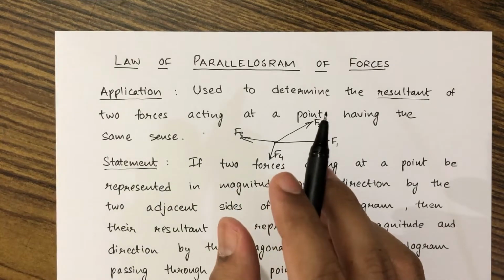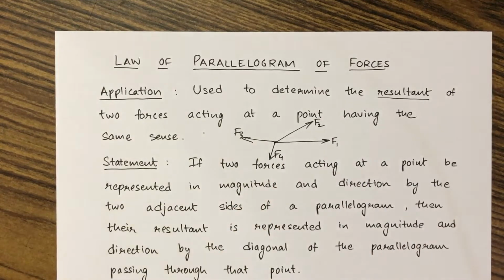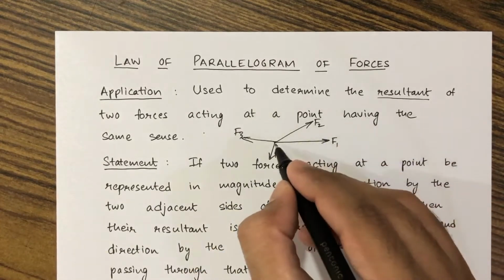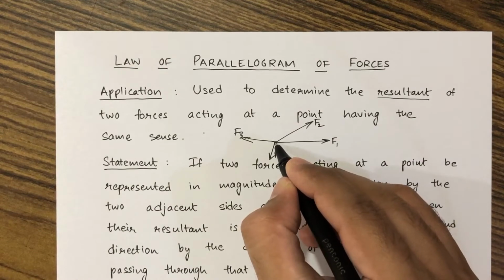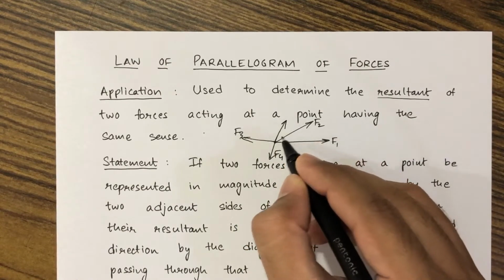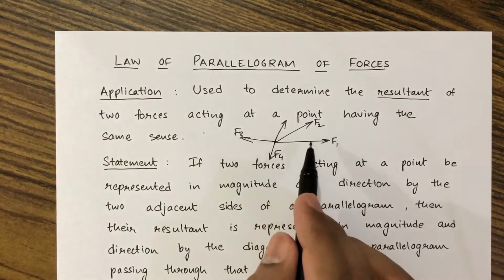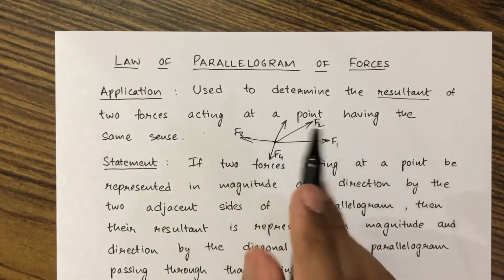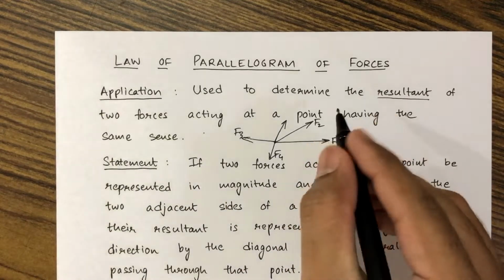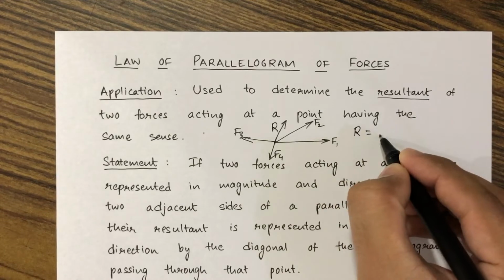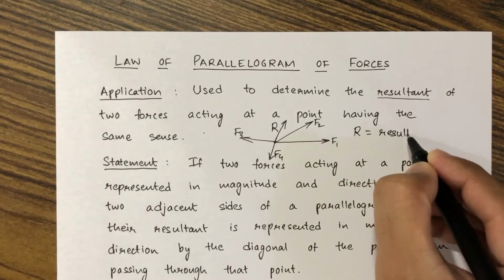So we can call this a concurrent force system because it is passing through one single point. Now if a force is drawn which has the same effect as all the four forces has on the same body, so this force can be called as the resultant R. R is actually the resultant.